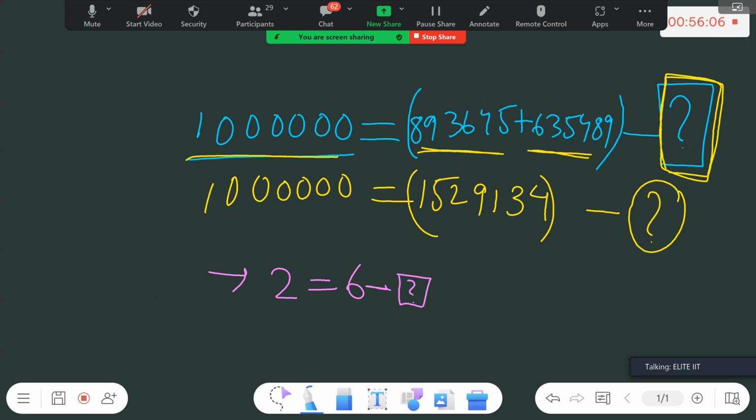So now tell me, what is this question mark here? 6 minus what? How will you get 2? How subtracting what from 6 will give you 2?